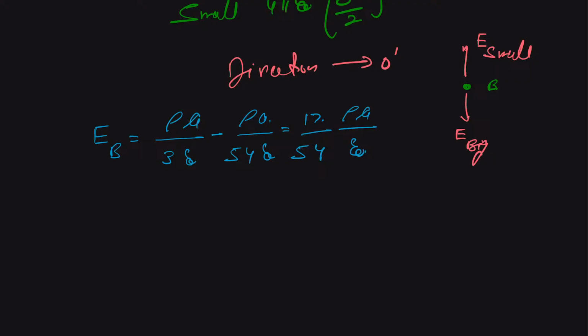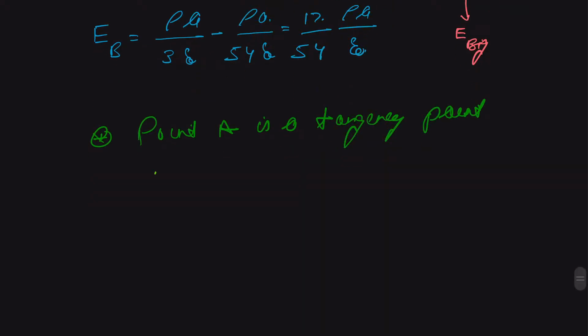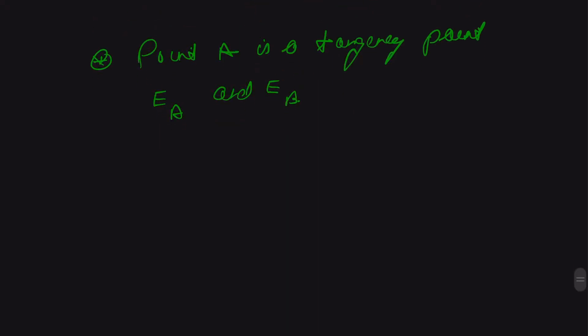Let me put it here: point A is at the tangency point. For that we are going to find the electric field at A and the electric field at B. I can also draw the figure for that.